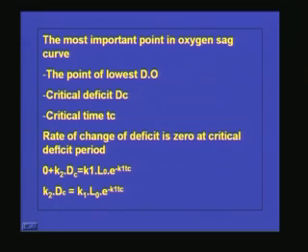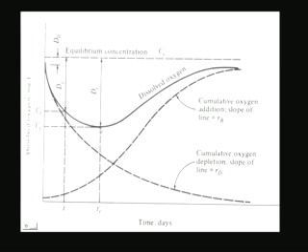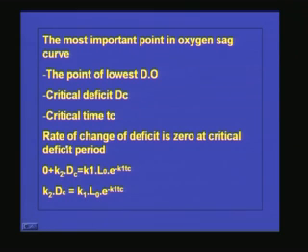And we know that at critical deficit the slope is 0, or the rate of change of deficit is 0. So we can use that information for finding out DC and the corresponding tC. Rate of change of deficit is 0 at the critical deficit period.